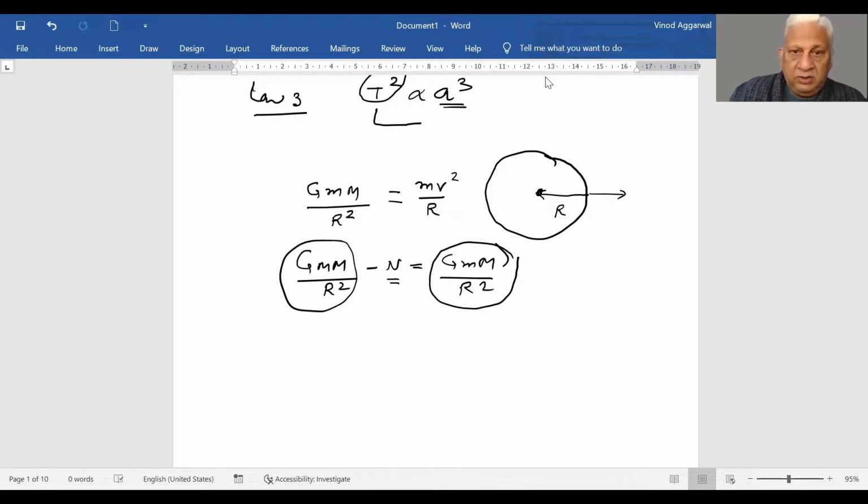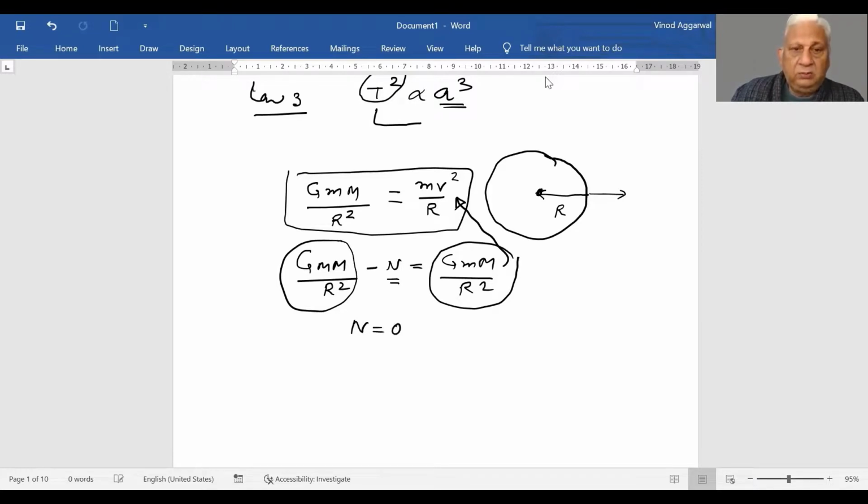Mind it, this is not the gravitational force, it is mv square by r. Why do we have to make it equal? Because mathematically they are equal. If mathematically they are equal, then what happens to N?